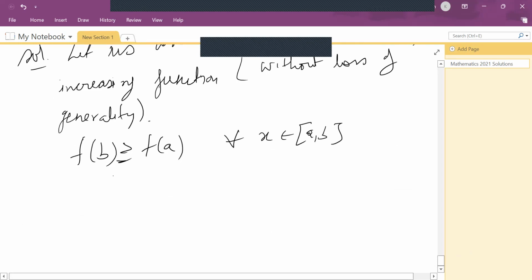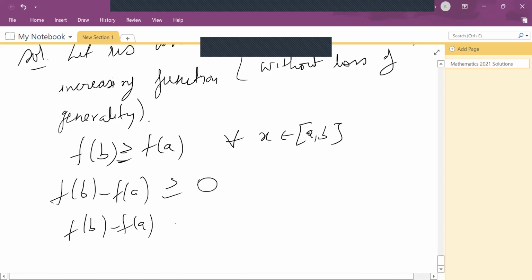Therefore f(b) minus f(a) will be greater than or equal to 0. So let's take f(b) minus f(a) plus k, where k is greater than 0. I will use this.